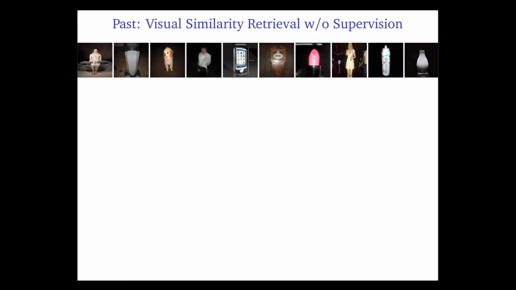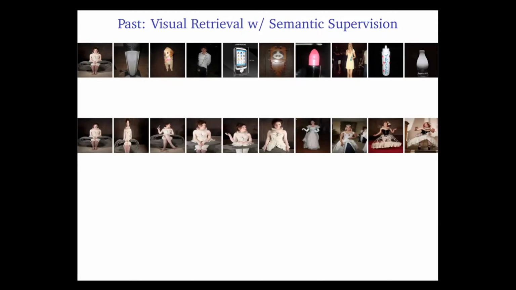So, can we do better than that? I'm not interested in just picking a bright object. This is a result trained with 1.2 million ImageNet labels with 1,000 predefined labels, cats, dogs, and so forth. Now everything the method picks out is highly semantically correlated.